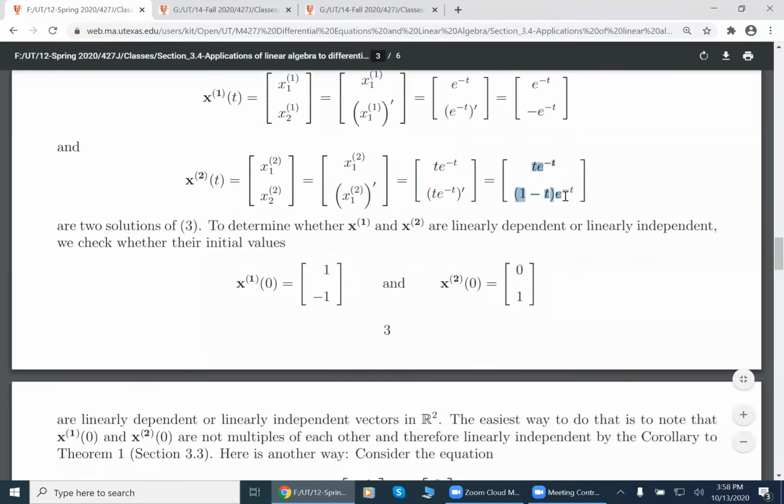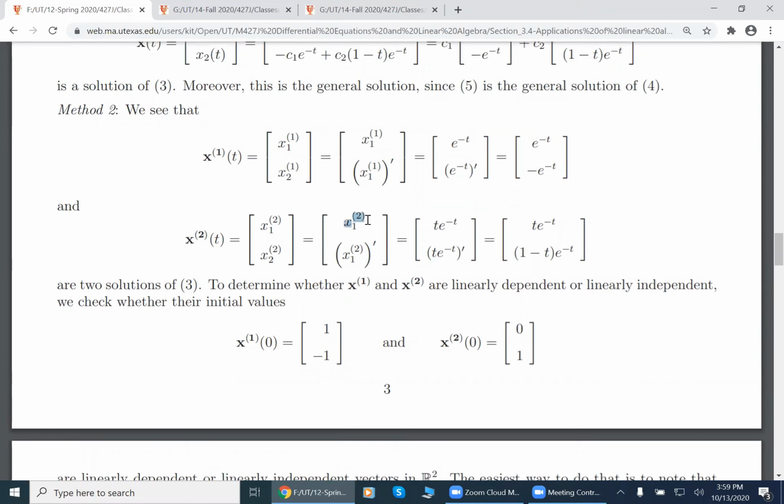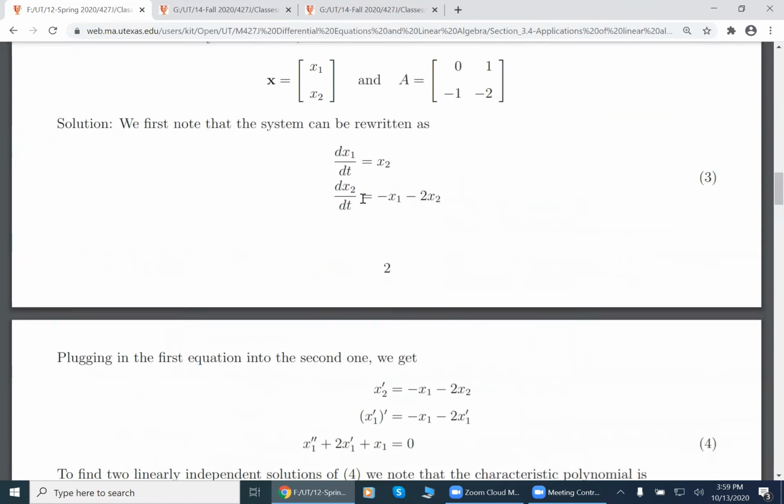Other questions? Professor, why are we finding the derivative of the second row? Great question. We find the derivative of x1 because equation number 1 of our system is x2 is equal to x1 prime.